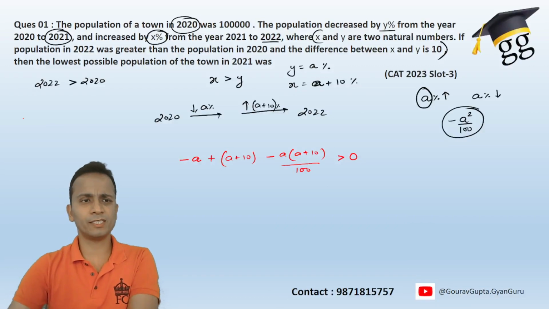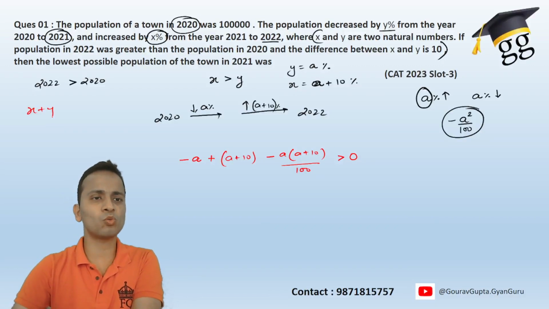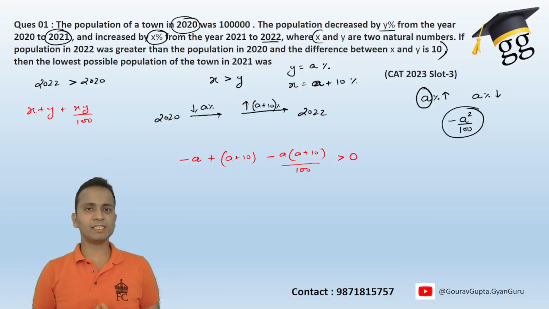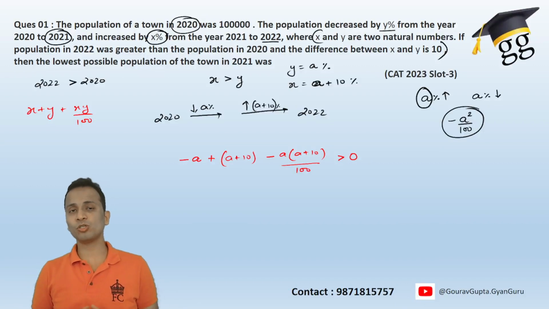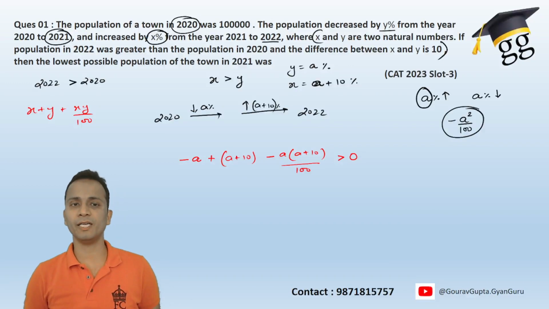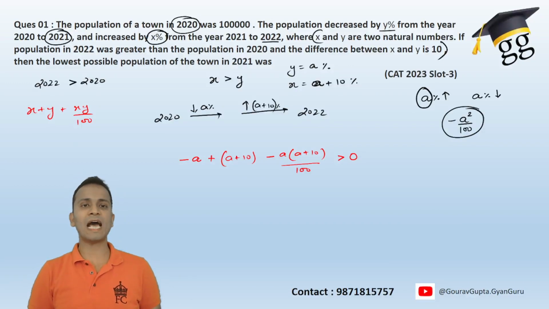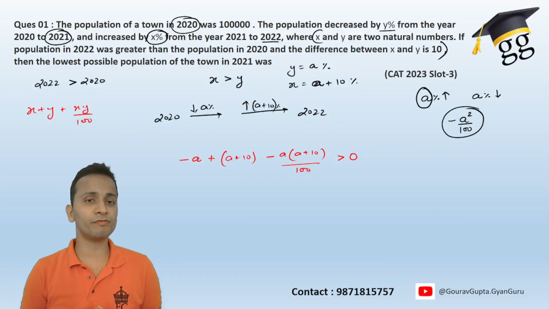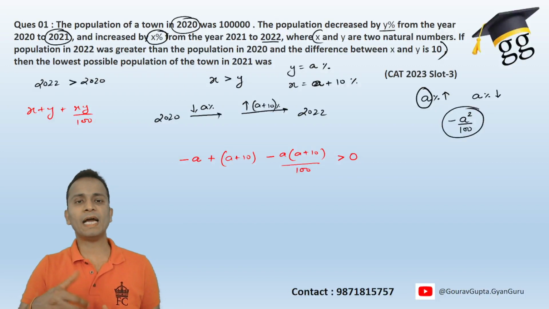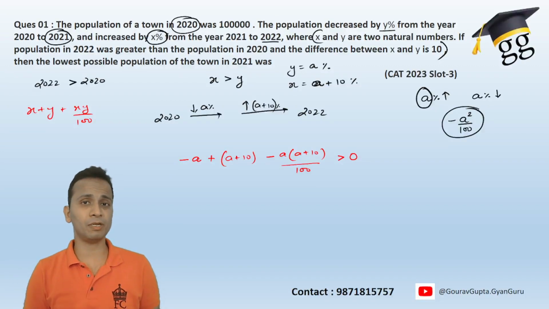Why the negative signs? The formula is x plus y plus xy upon 100. The formula will remain the same. The signs of the values of x and y depend upon whether it's an increase or a decrease. The first was a decrease of A percentage, so that is why the value of x will be minus A, and the value of y will be plus A plus 10.